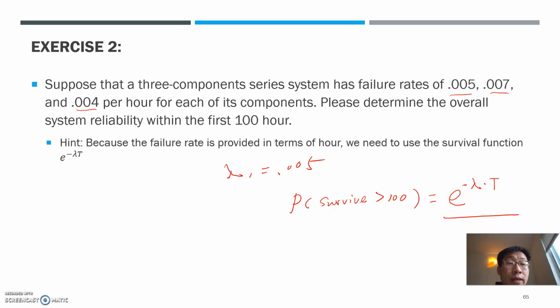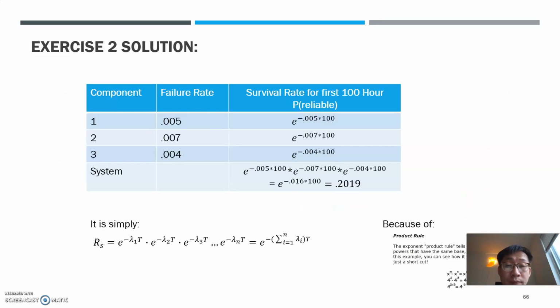Okay, so luckily we have the exponential failure rate already in here, and clearly it's telling us it's 100 hours, and for each of those components you can easily calculate the probability that it's going to out-survive 100 hours. Okay, so here is the solution.